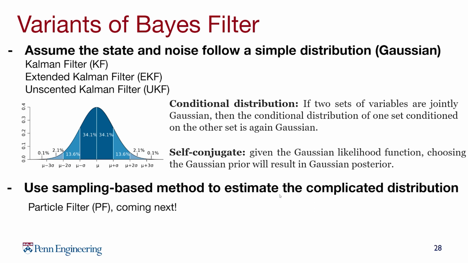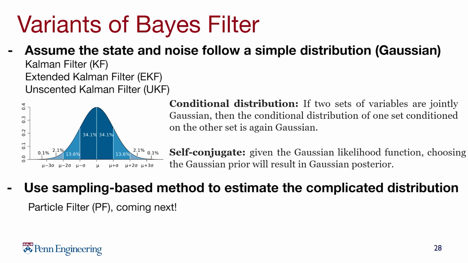However, another method we can use is more like a brute force method. Since this distribution itself is very complicated, instead of calculating the PDF for this distribution, we can just use a sample-based method to estimate the distribution.